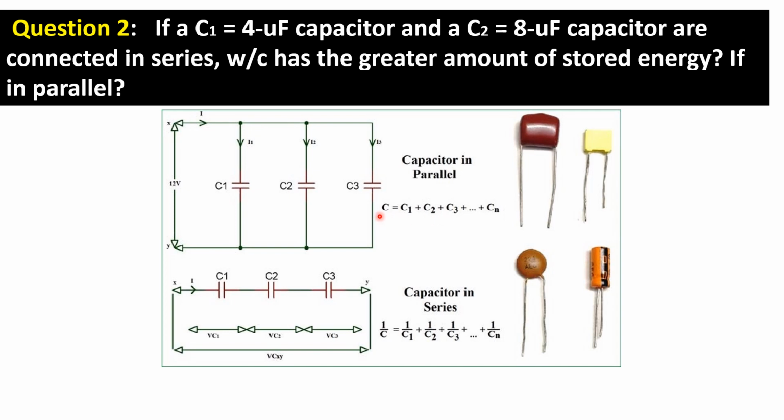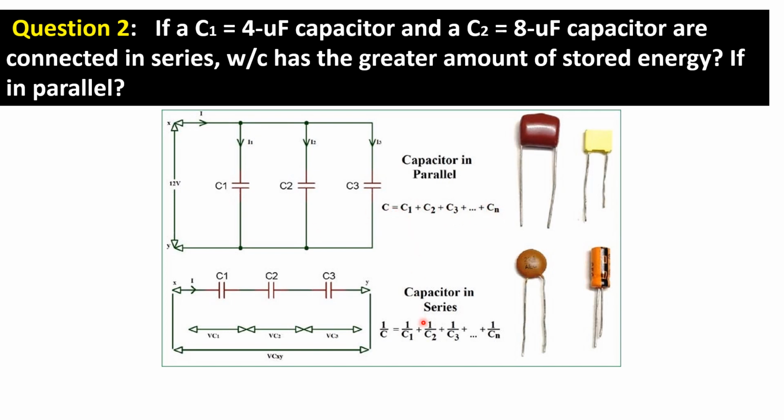That means total C or equivalent C is equal to C1 plus C2 plus C3 plus C sub n, depending on how many capacitors there are. Say, for example, if there are n capacitors. So this is the formula.